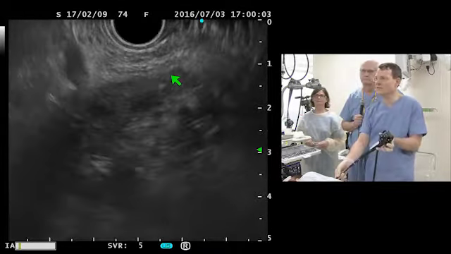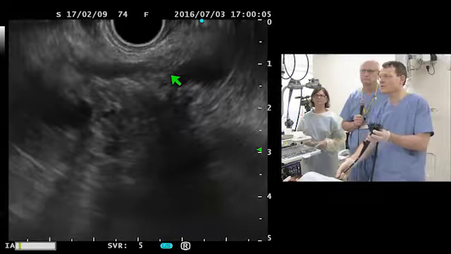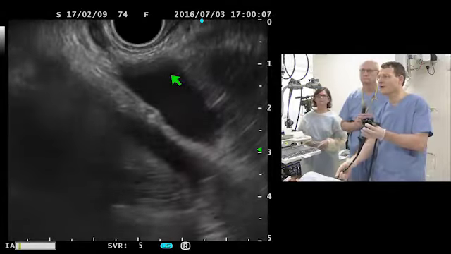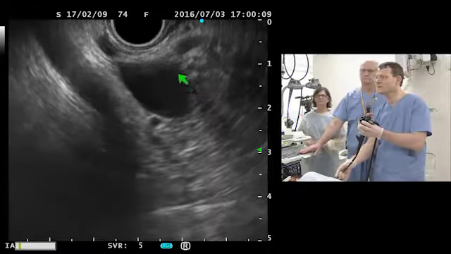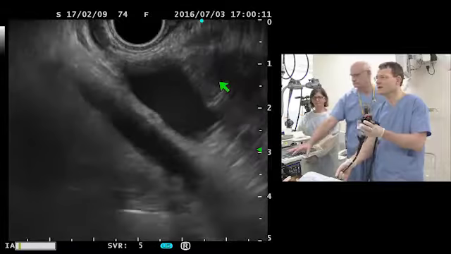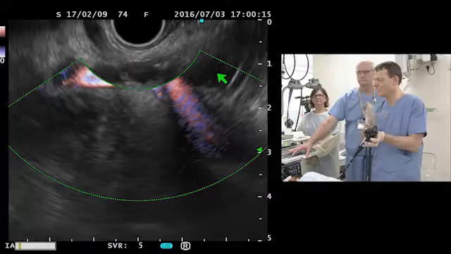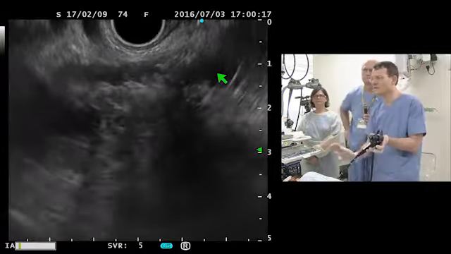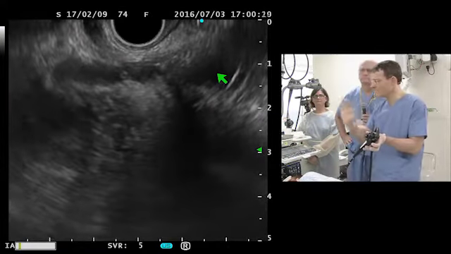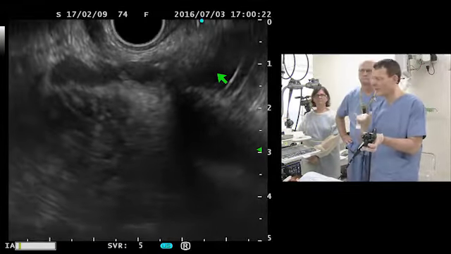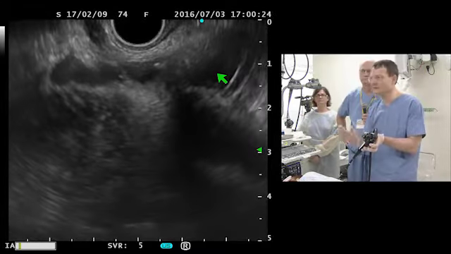And now you see my movement. I torque the scope in the other direction until the pancreas disappears at this level. So it is very important that we always have a movement of 180 degrees. When we do this, then we have seen the whole area of 360 degrees with the linear scope.